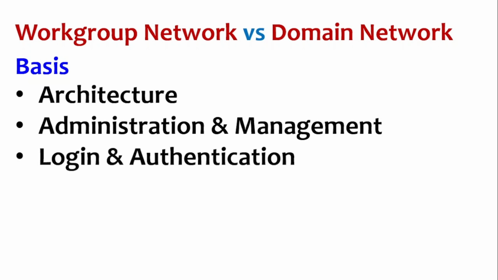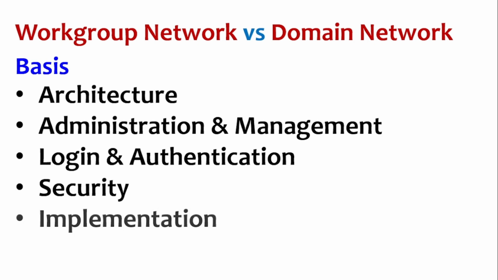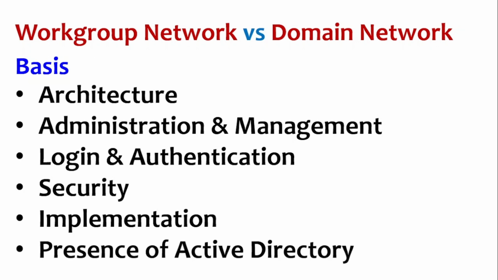Then login and authentication: how login and authentication happens in workgroup and domain networks. Security, we'll discuss the security part as well. Implementation: where to implement which network and why. And last but not least, the presence of Active Directory Domain Services. So these are the points of consideration to differentiate between a workgroup network and a domain network.